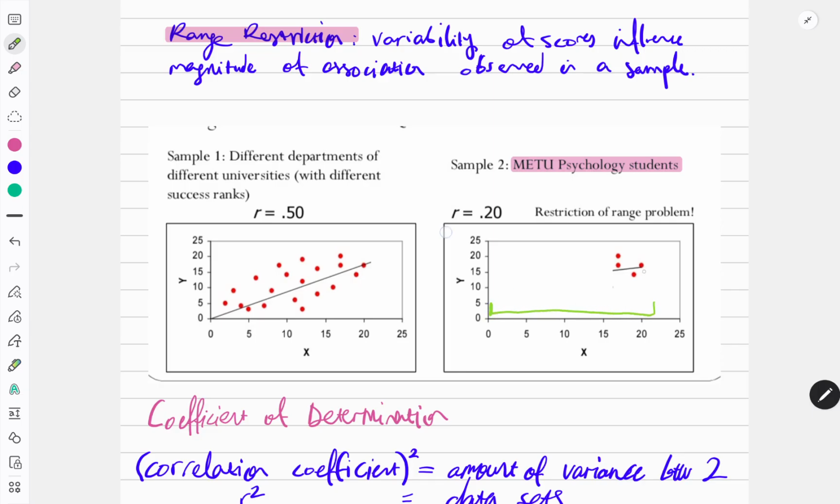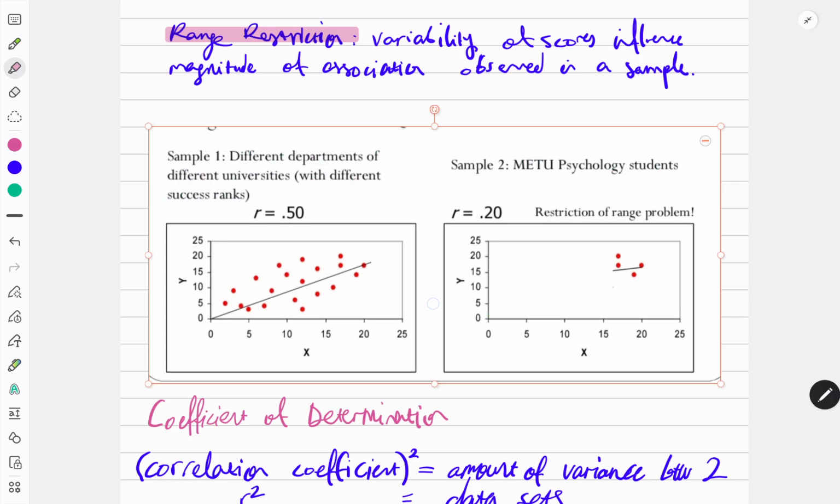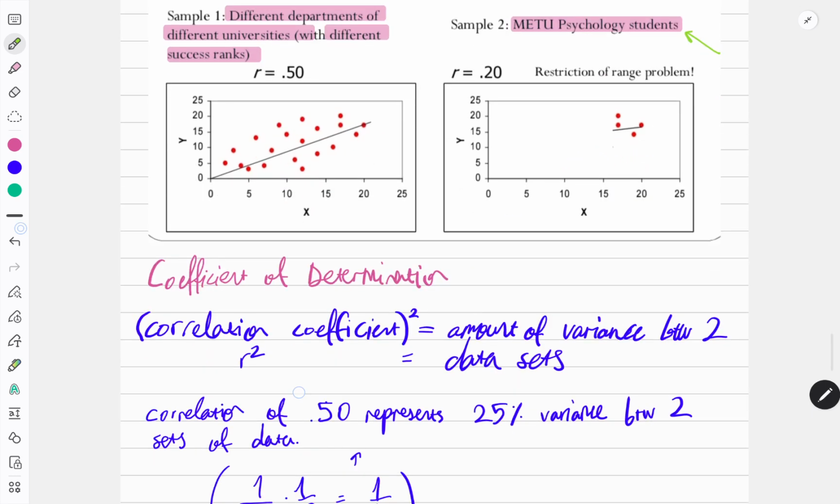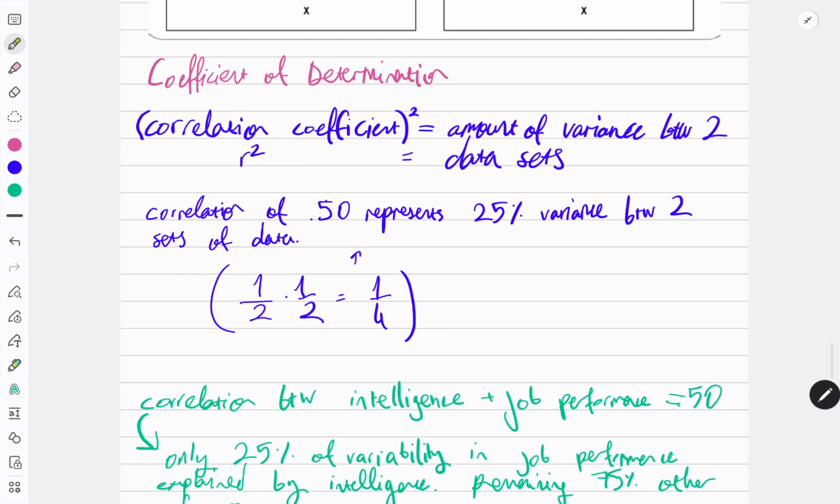So we need to see the other departments in different universities, with different success ranks. We can't just look at psychology students because they are such a small portion of the whole population. We need to look from the beginning to see a more significant relationship.